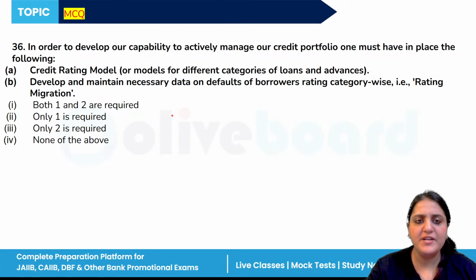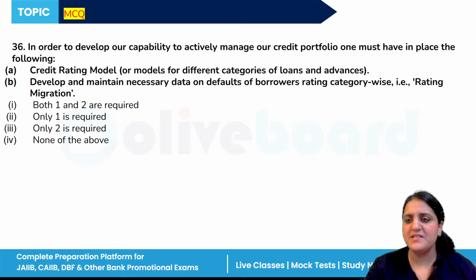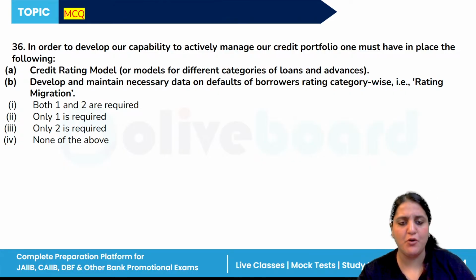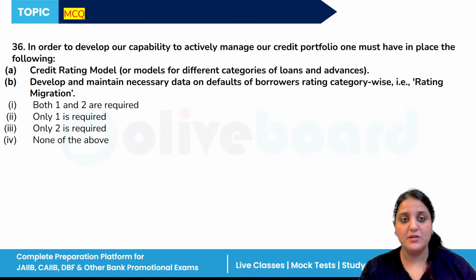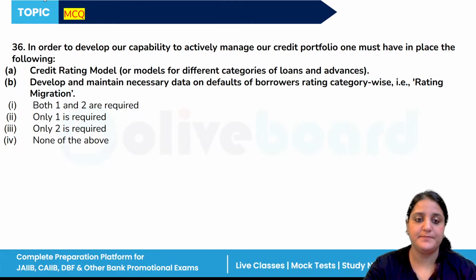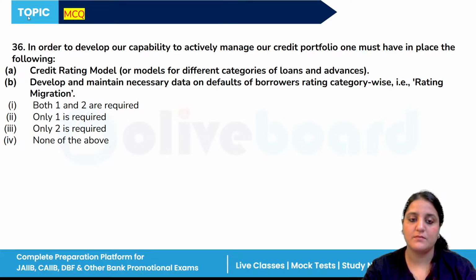In order to develop our capability to actively manage our credit portfolio, one must have in place the following: a credit rating model, and develop and maintain necessary data on default of borrowers, rating category wise, and rating migration. So which answer is correct? C. What are the requirements to actively manage a credit portfolio?